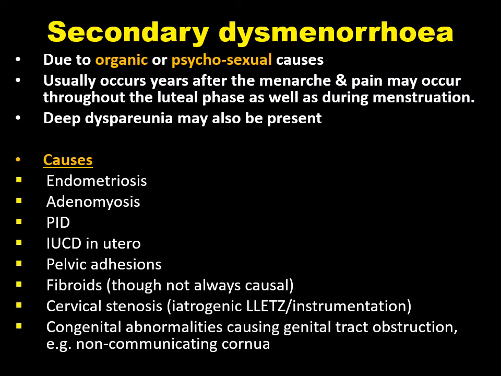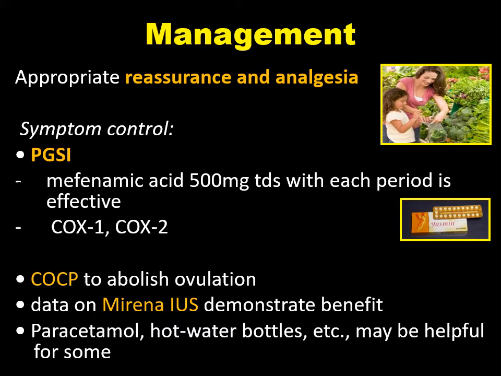Keep in mind, secondary dysmenorrhea is different from chronic pelvic pain. Secondary dysmenorrhea can be related to the cycle. The timing of the pain can be related to the cycle, while chronic pelvic pain is present almost most of the time and cannot be related to the cycle, but probably both share the same pathology.